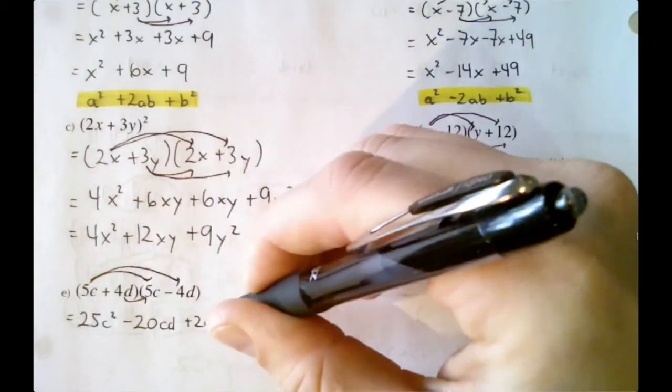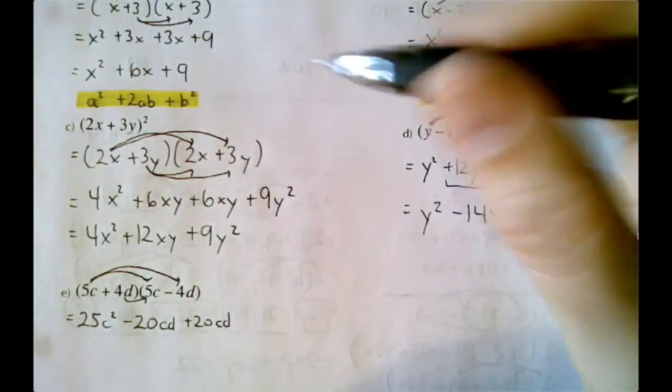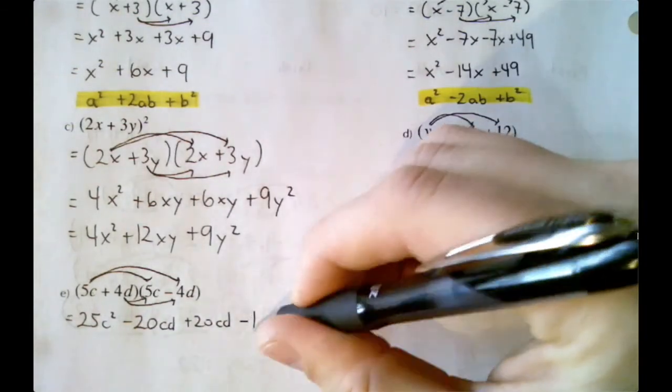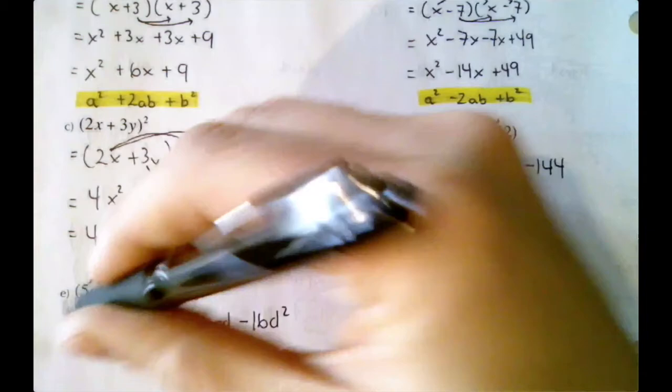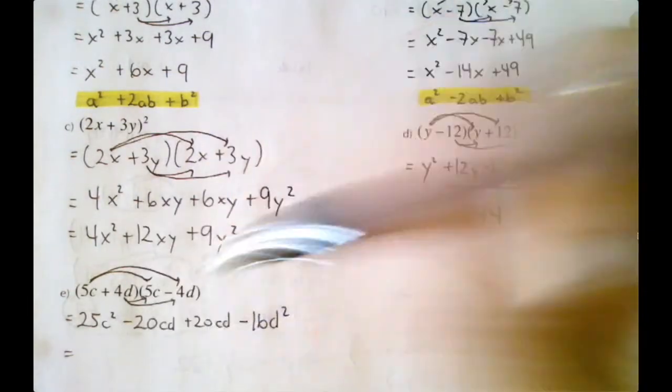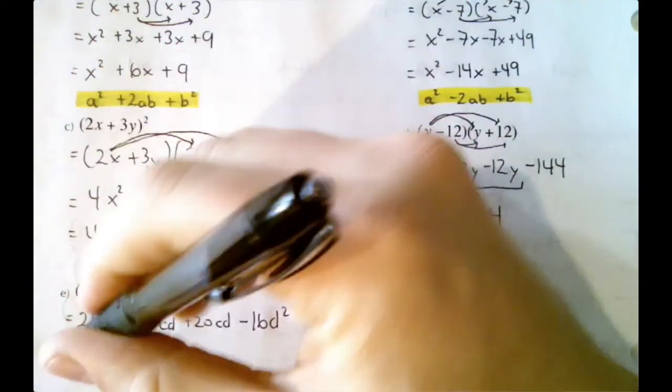D times c, write them in alphabetical order, we got cd. Last terms, 4d times negative 4d is negative 16d squared. The two terms in the middle are the exact same with opposite signs. They're going to add to 0, and we're just going to have our two terms.